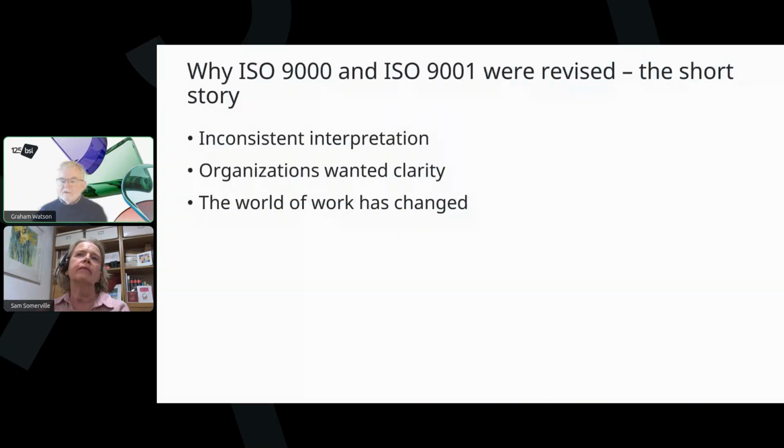Organizations want clearer intent, and the way organizations operate today has changed significantly since the previous editions were published back in 2015. The revision responds to this reality, not by adding requirements, but by improving clarity and alignment.